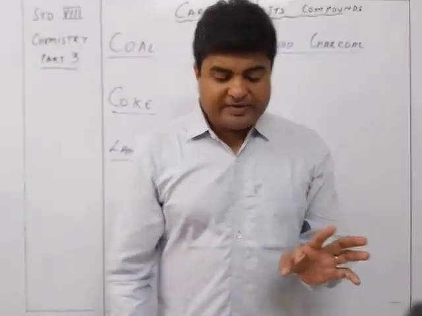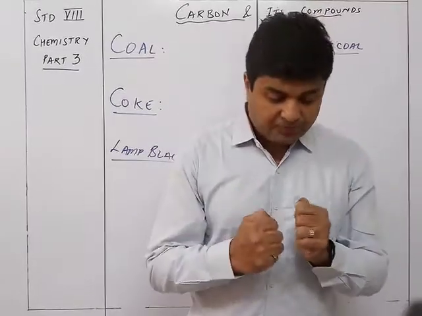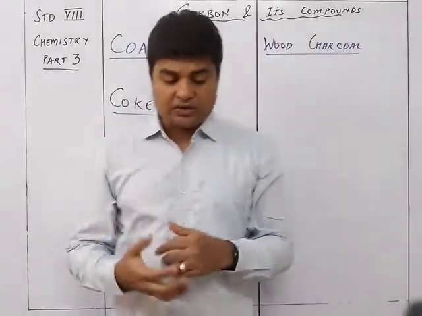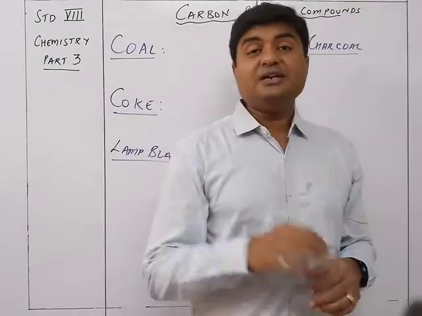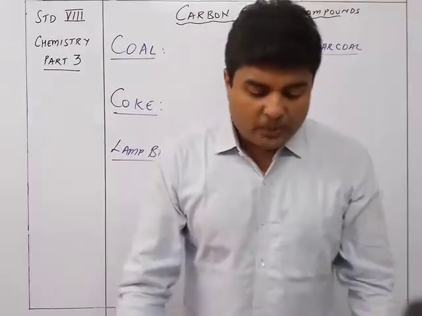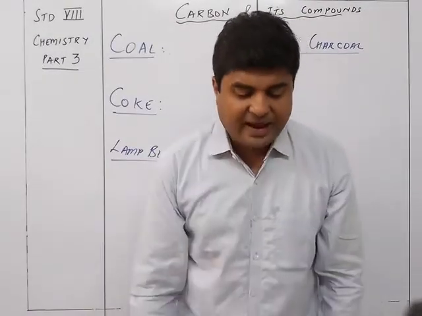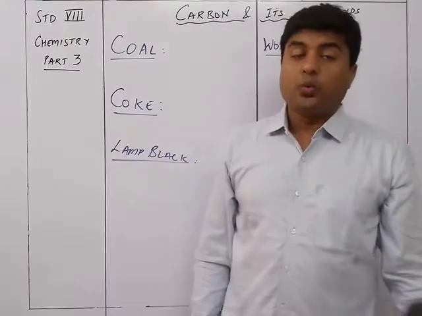So that's what we say, that it is a property due to which a substance accumulates gases or liquids on its outer surface. Adsorption is thus a surface phenomenon. Adsorption capacity: to increase the adsorption capacity of wood charcoal, a process called activation is carried out to give activated wood charcoal.